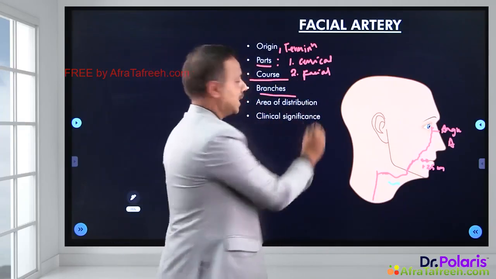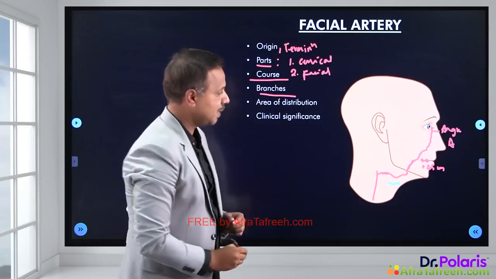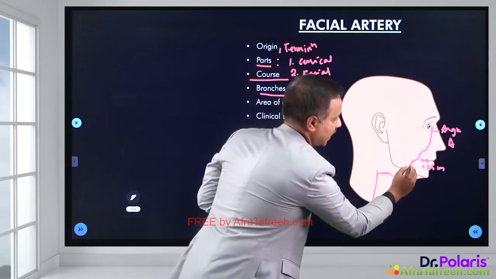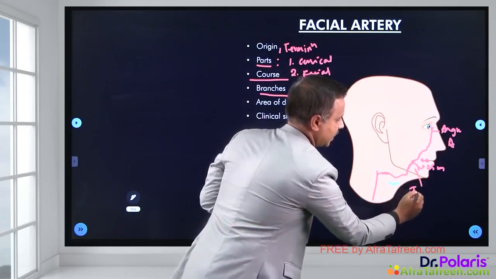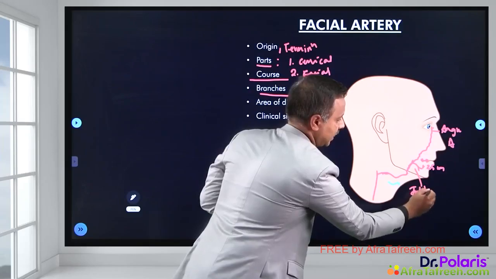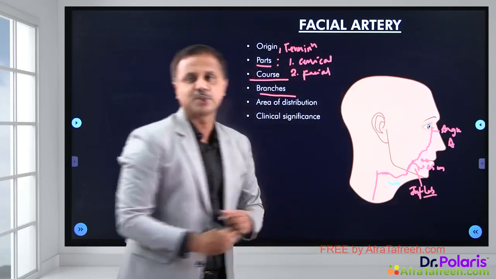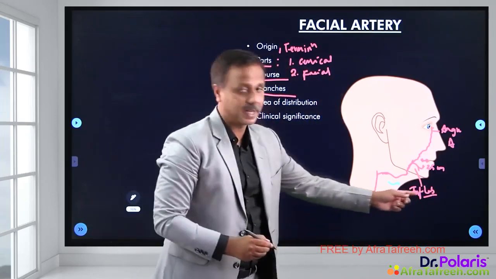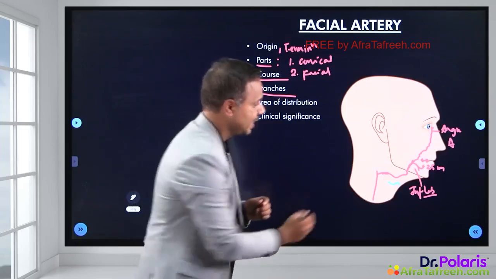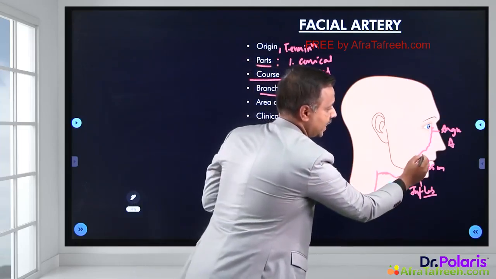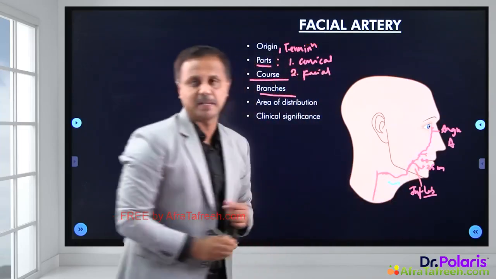What about the branches then? The facial part gives off a branch close to the lower lip. This is referred to as the inferior labial. Labial refers to lip. So this supplies the face below the lower lip. Then slightly above, it gives a superior labial branch.